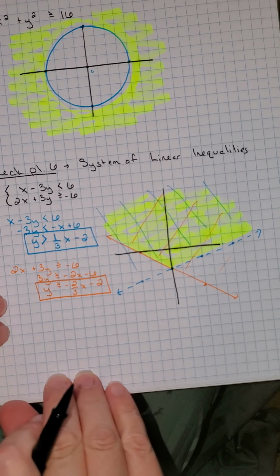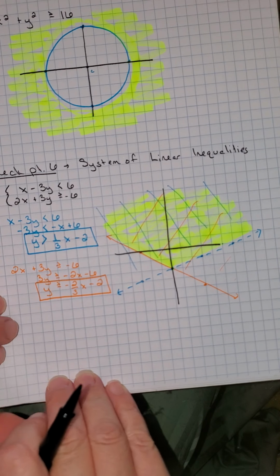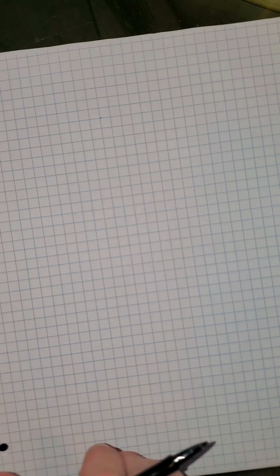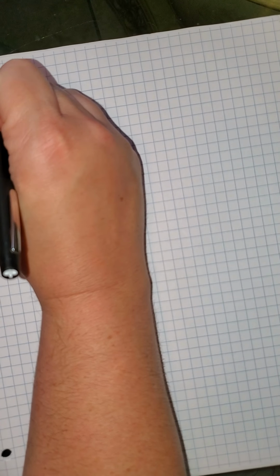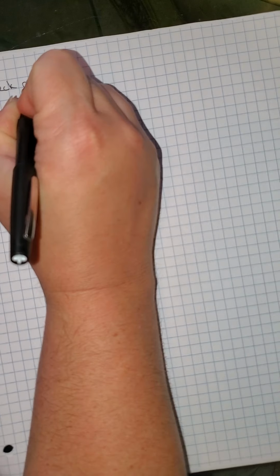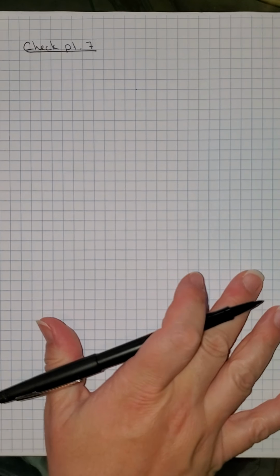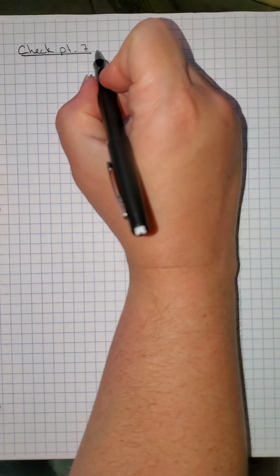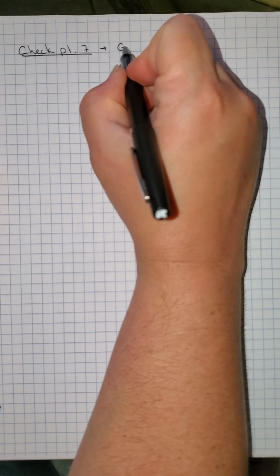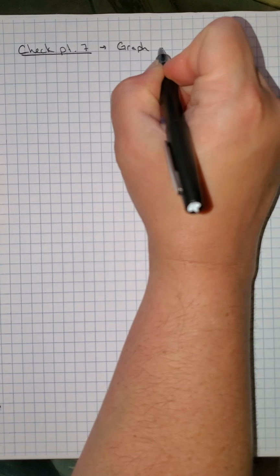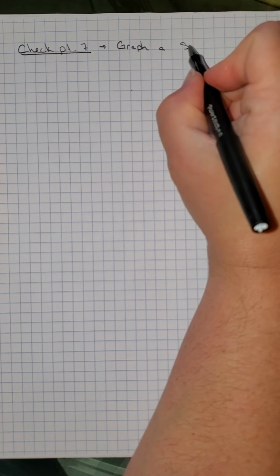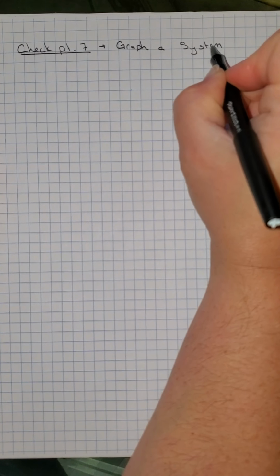Alright, checkpoint 7, we're going to have a nonlinear in there. So we're still going to graph a system, but it's not going to be linear.